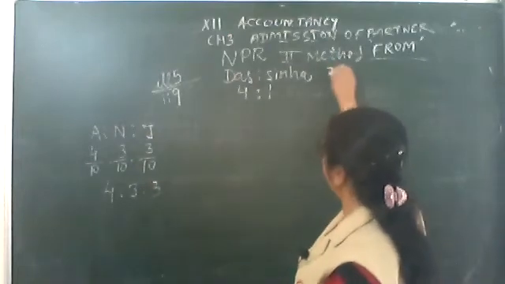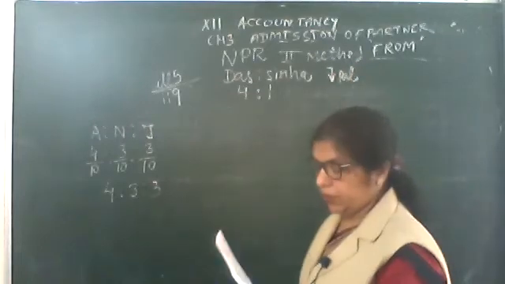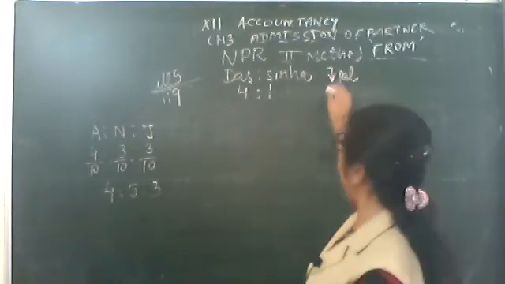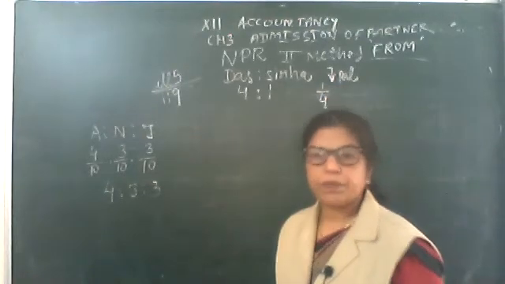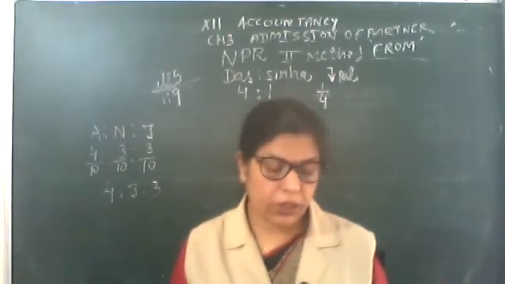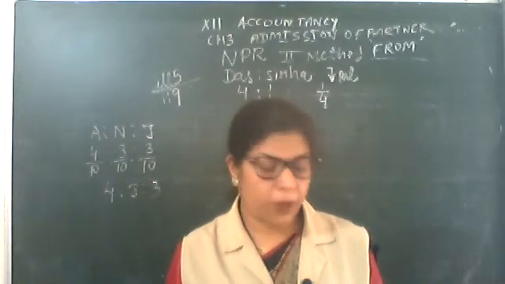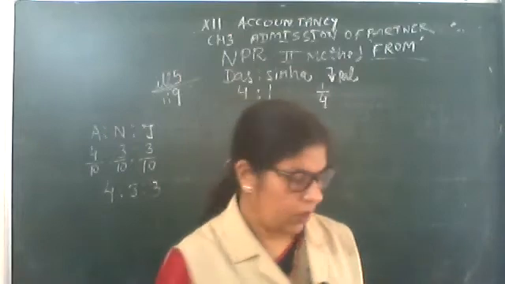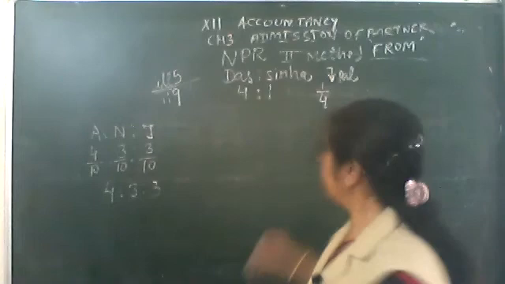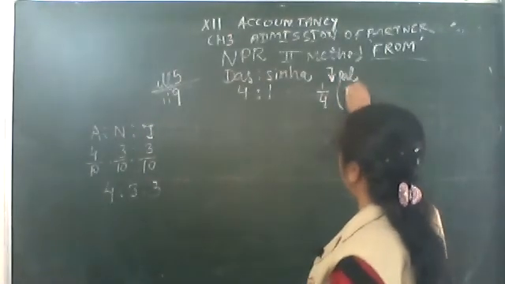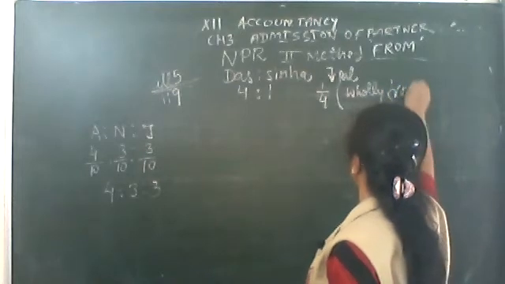So in this way, you will write Pal is the new partner for 1/4 share, and please write, which he acquired wholly from Das. It means only Das is sacrificing.